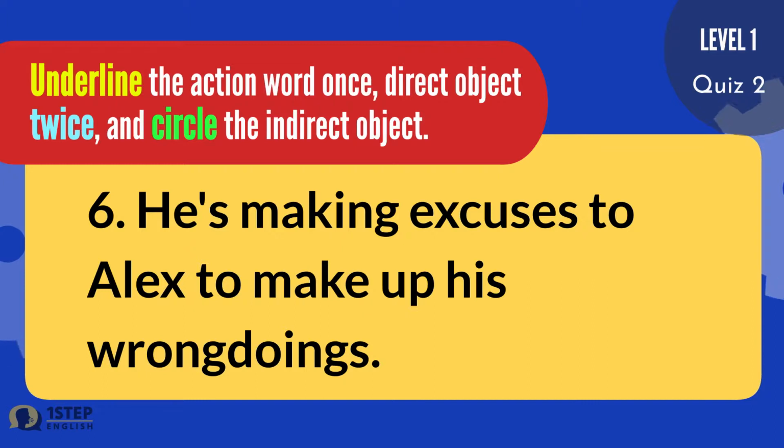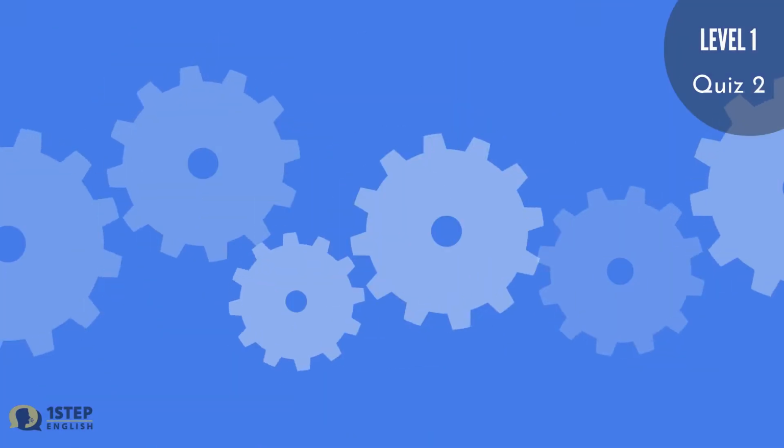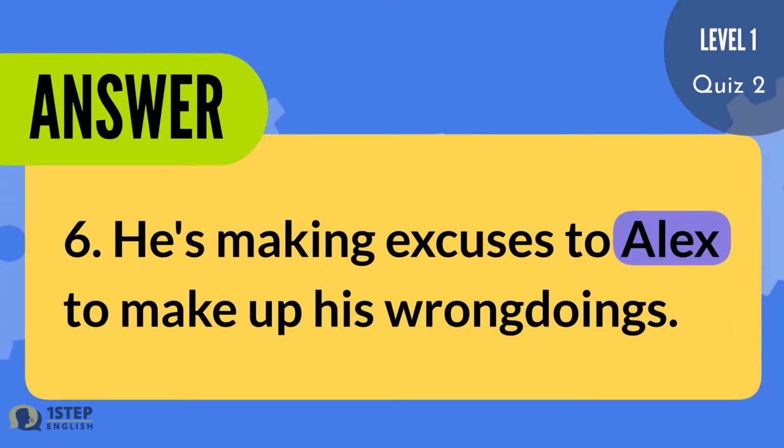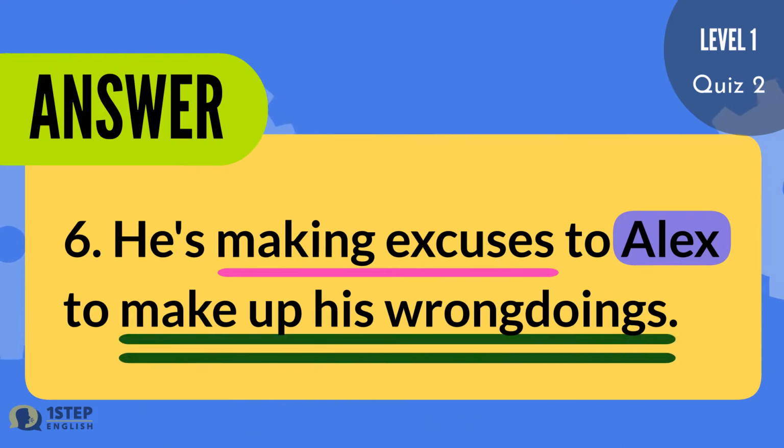Number 6. He's making excuses to Alex to make up his wrongdoings. Alex is the indirect object. Making excuses is the action word. Make up his wrongdoing is the direct object.